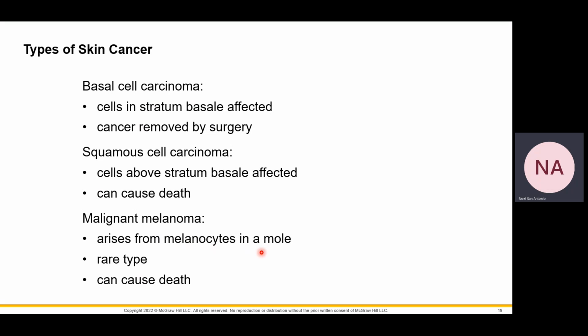That means moles can really develop into cancer, especially if located in an area of the body where it is frequently irritated. That is why if it is located in those areas, doctors advise to have it removed surgically.